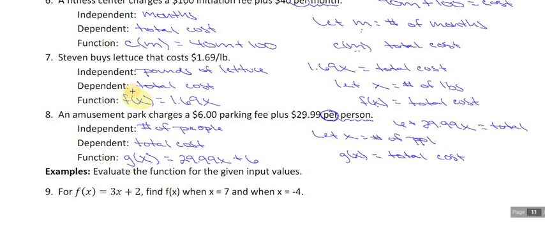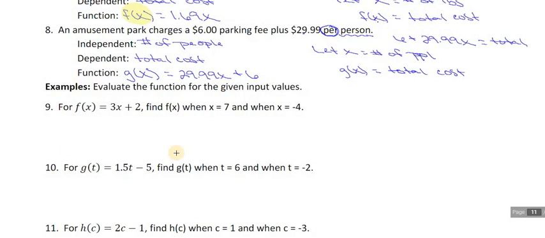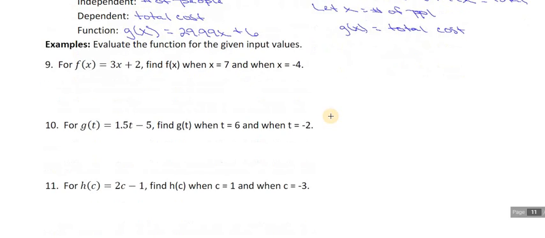So once you have a function that's written, you can take any number or value for your independent variable and plug it in to figure out what that ultimate output or dependent variable will become. So we need to work on showing good function notation and not be scared of it.